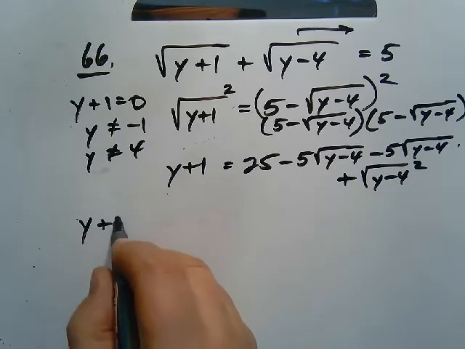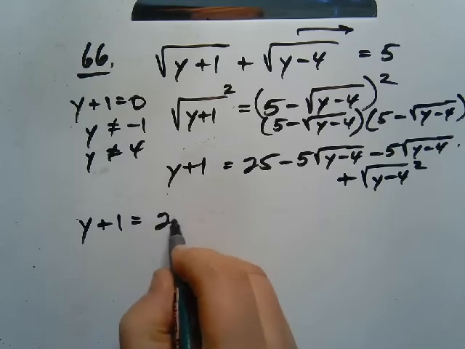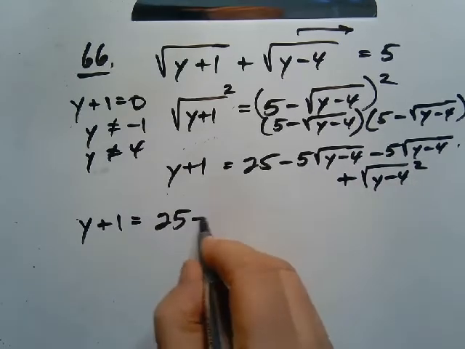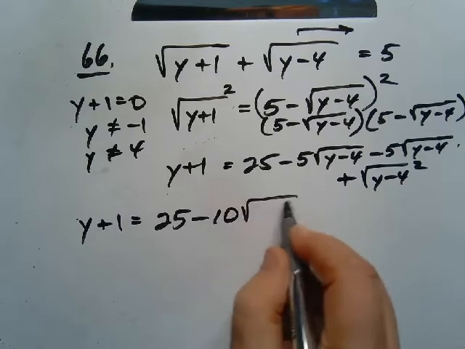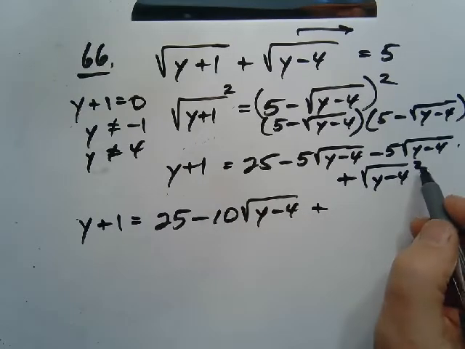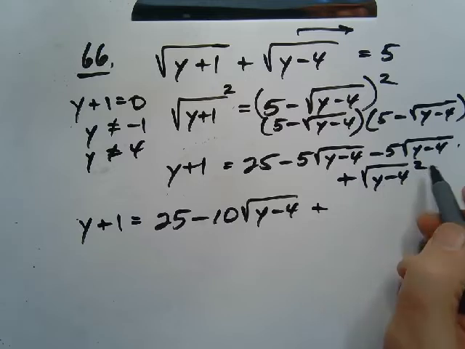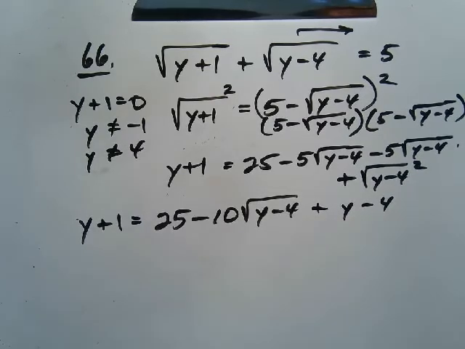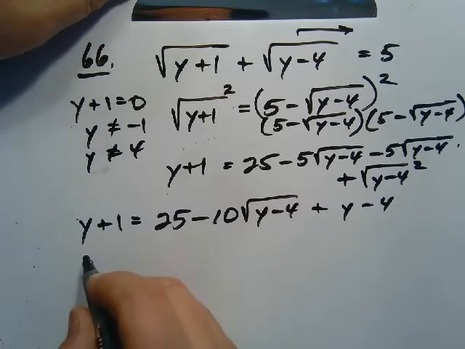So I'm low on room here, so I'm going to move this all over. That's 25. These two add together because they're like radicals. Negative 10 root y minus 4. And this thing here, a square and a square root undo each other, so this is just y minus 4. Let's go ahead and simplify this a little bit here.